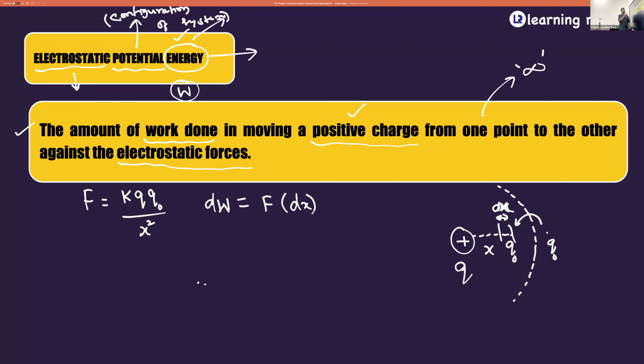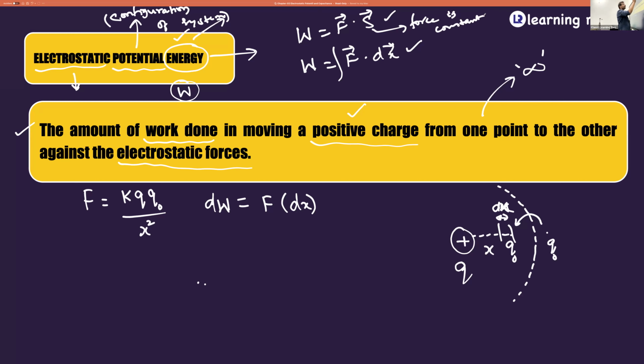Basically, when you talk about work done, it can either be written as F vector dot s vector, or as the integral of F dot dx. So when will we use this and when will we use that? The first is used when the force is constant, and the integral is used when the force is variable, when the force is a function of displacement, right?